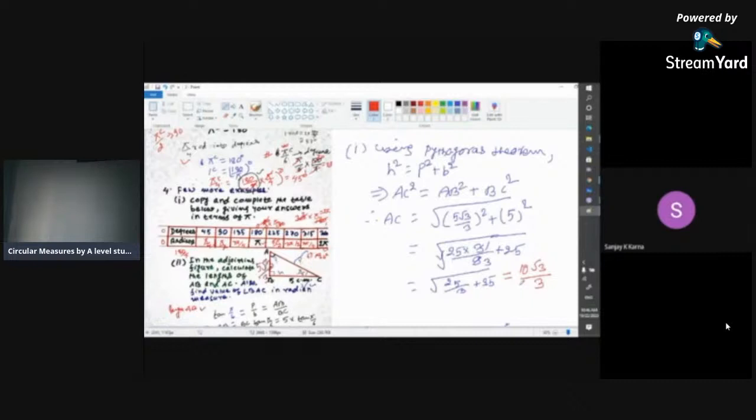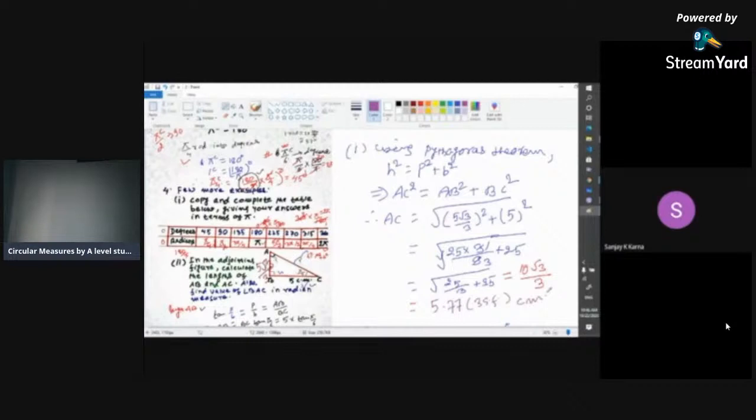After calculating this, it will be 5.77 up to 3 significant figures. So the unit is again here in centimeter. So this is one way that we calculate the length of side AC.